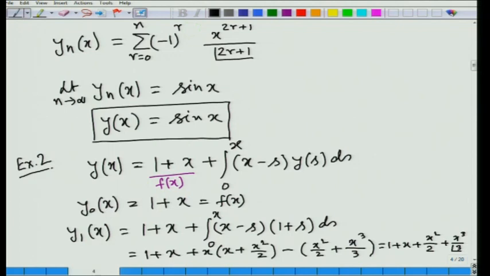This is coming out to be 6, and hence we can assume that this is going to be factorial 2.